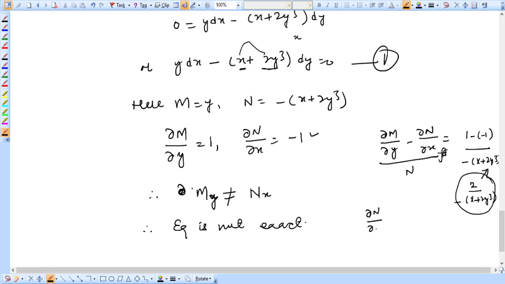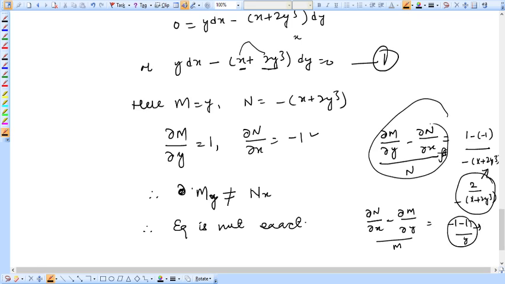Find the difference between these two, and divide by M, which is y. So it is −1 divided by M, where M is y. In rule 3 it should have been a function of x only, but in this case it should be a function of y only.